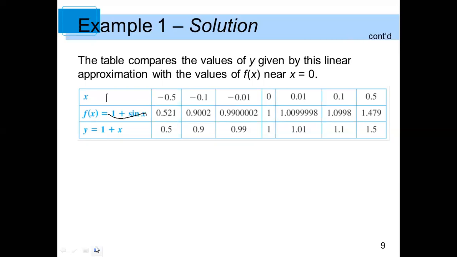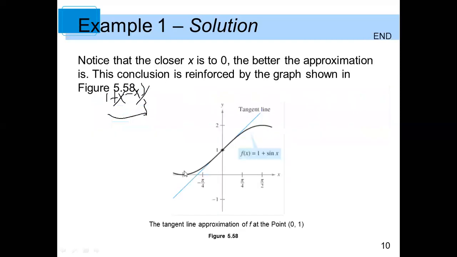So values near 0, the y values are very close to the y values of the actual graph. But the further you get away, the less accurate the tangent line approximations are.